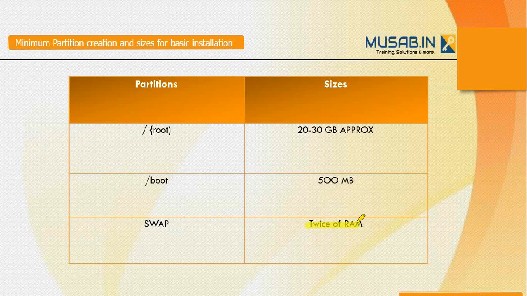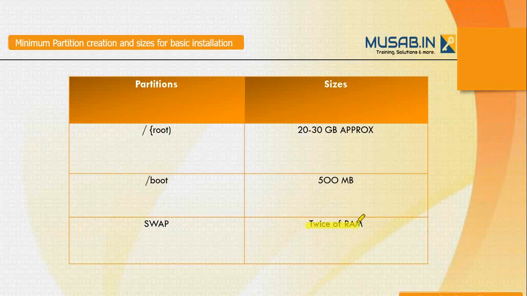Excuse me, guys. If my RAM is 1 TB and I'm going to create the swap for 2 TB, just imagine the size I'm talking about. 2 terabytes of space only for temporary storage.